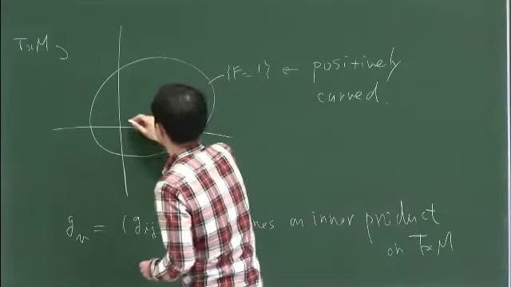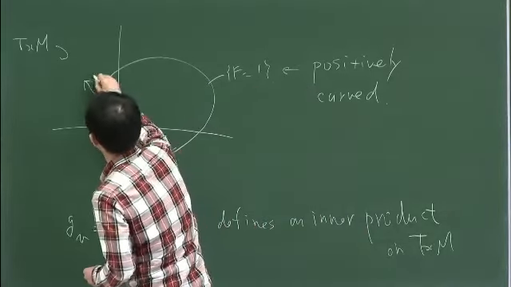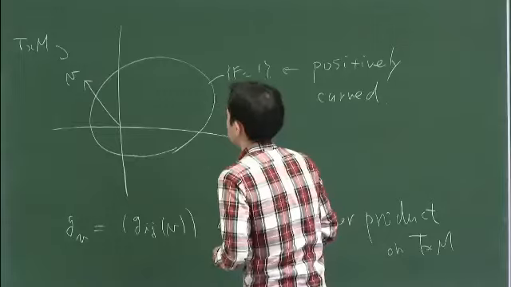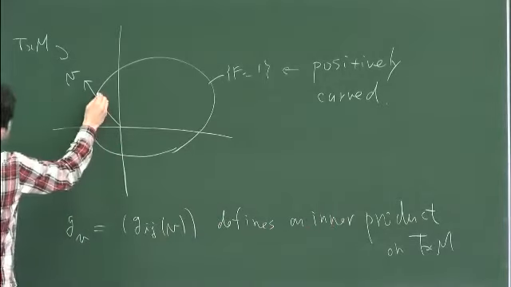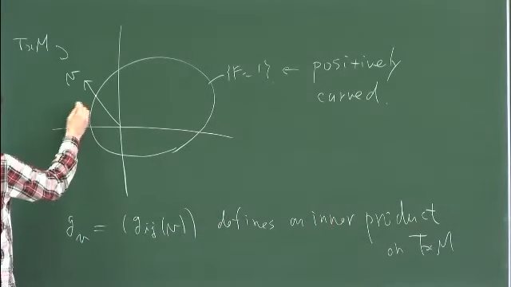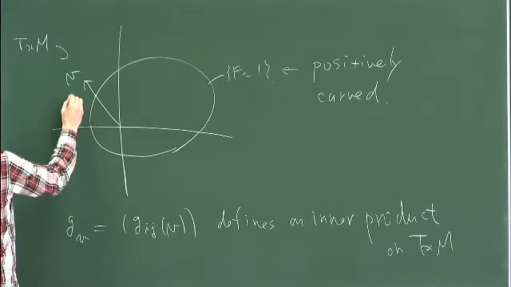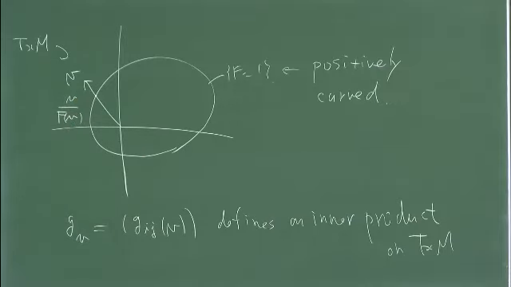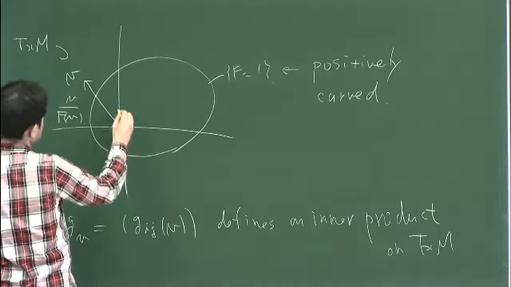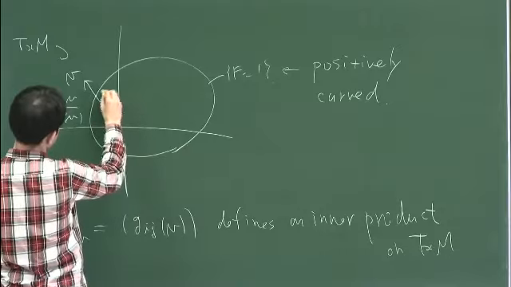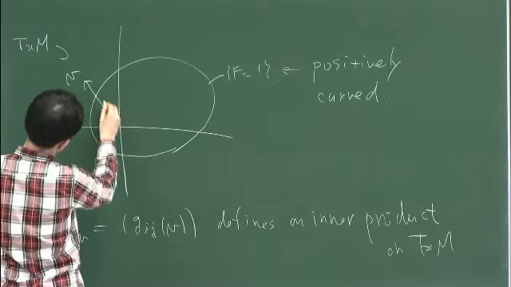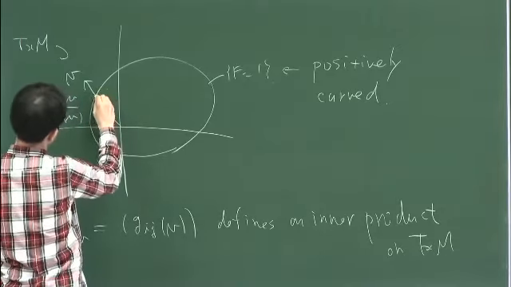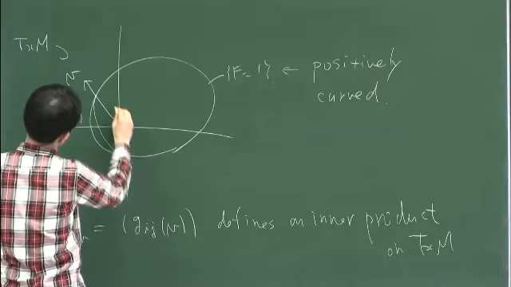So we consider, for example, this is v, and then we consider the normalization of v. And the unit sphere of g_v is written like this.